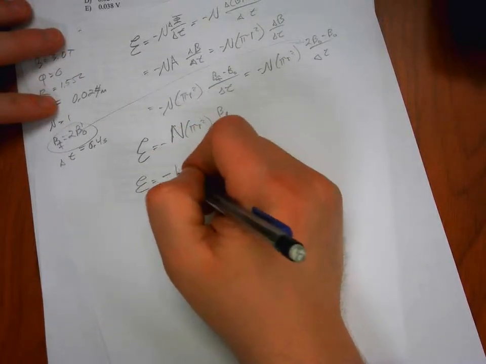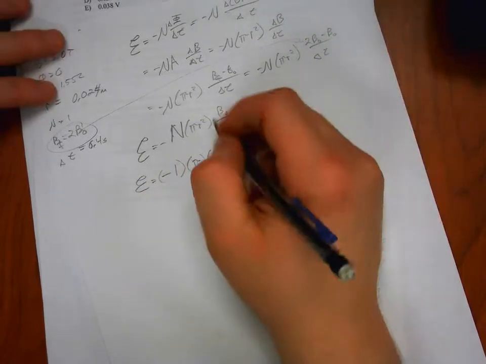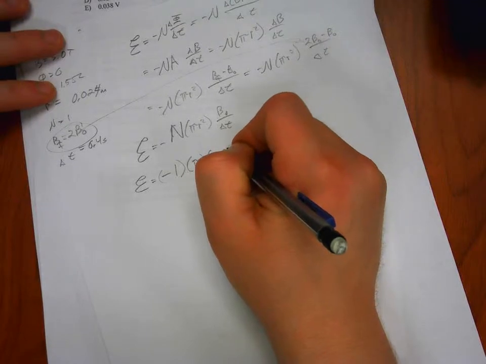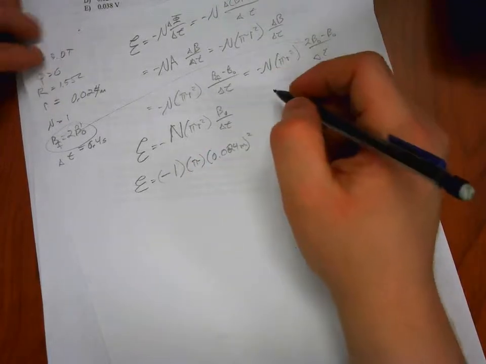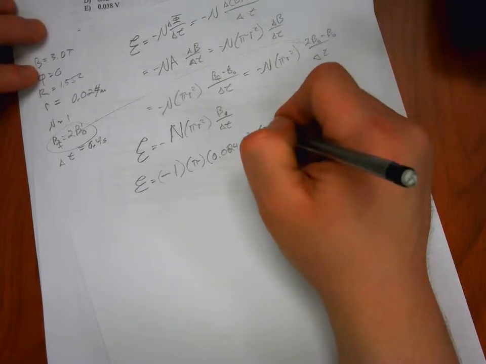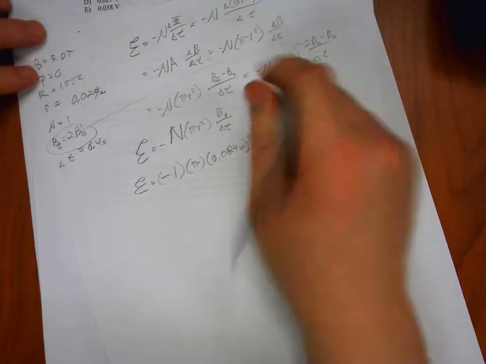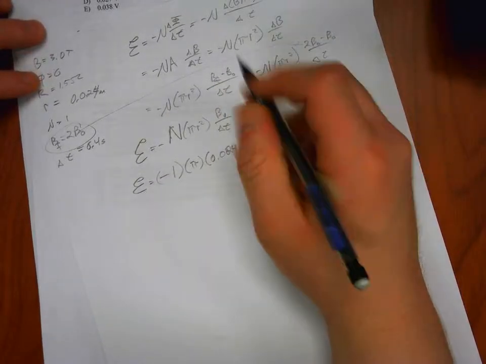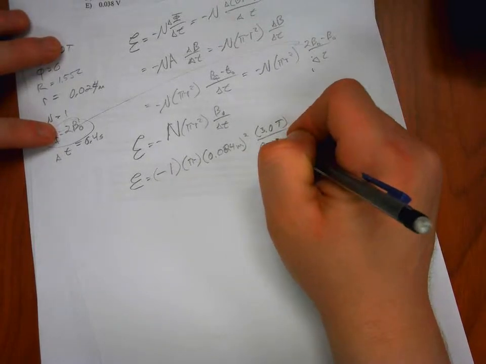Negative 1 times pi times r, little r, the radius, squared, times the original magnetic field. Oops, not pi, it's Tesla. Over the change of time, 0.4 seconds.